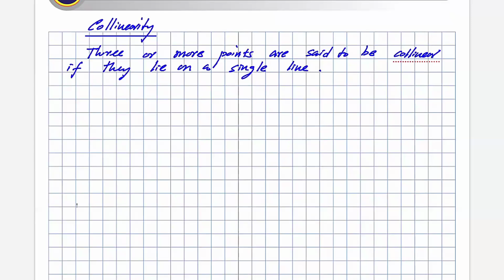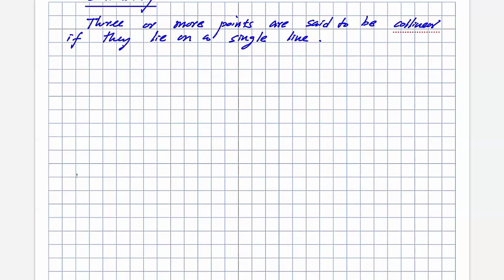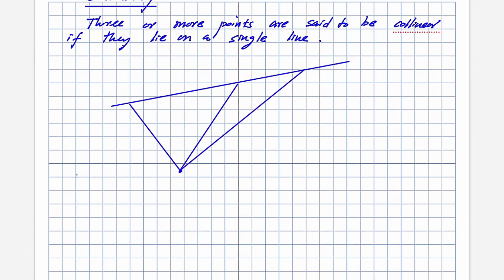So let's try to construct this one. Suppose there is a line here, and these 3 points are residing on that line. Then OA is a position vector. What is a position vector?